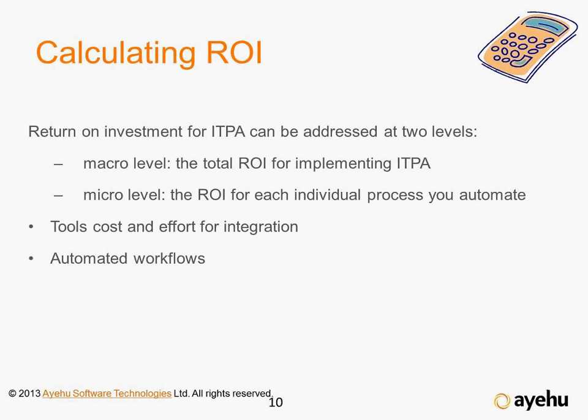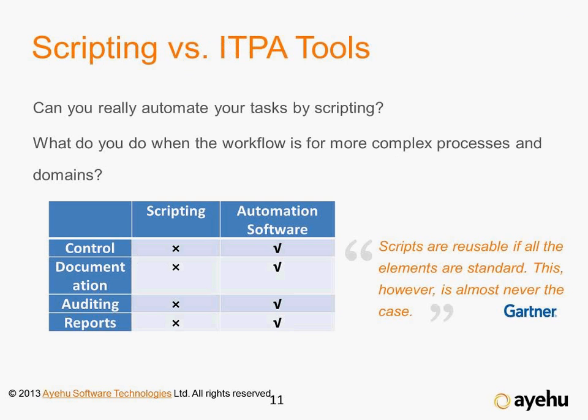And of course, what are the tools and effort costing you to do this integration and to implement it, and what kind of automated workflows can you gather to remediate the problems that you're trying to solve. On our website, if you go to the download section, you'll find an ROI calculator ebook that guides you step by step on how to calculate the ROI from IT process automation with any tool.